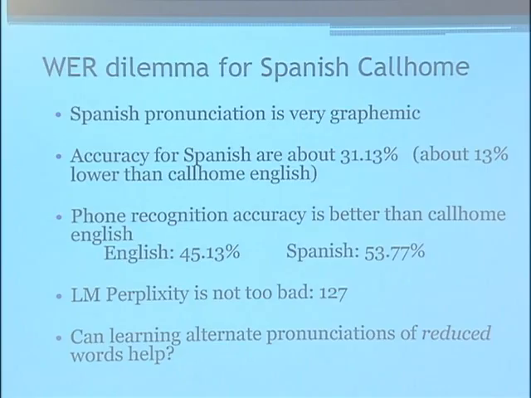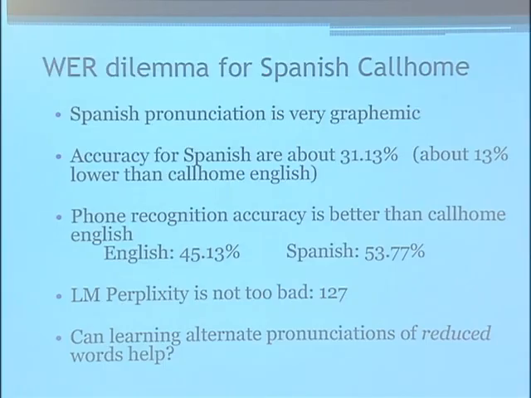Now, with Spanish, we had another set of problems, which I believe is important. We start with very good acoustics. If you listen to the Spanish CallHome, people are speaking, the audio channel quality is as good as English CallHome, so there is no bad channel effect or anything, and they are not trying to cheat the system and speak in an extremely worse manner as opposed to English.